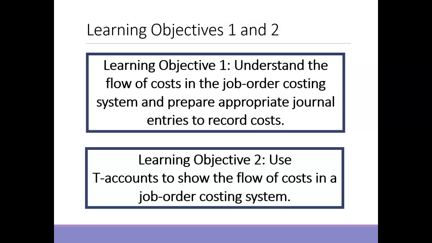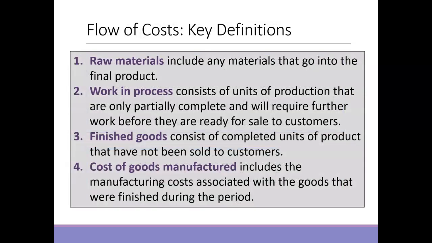We're going to first talk about the flow we have of costs in the job order costing system and how we prepare journal entries to show the flow of those costs. We know there's raw materials, there is work in process.